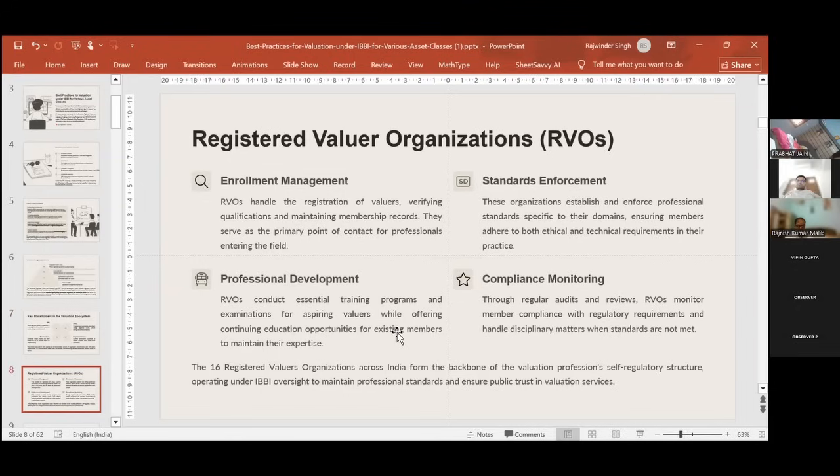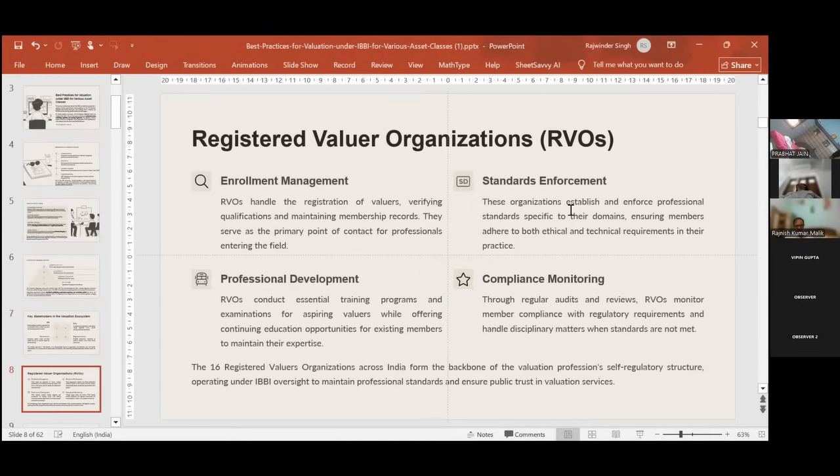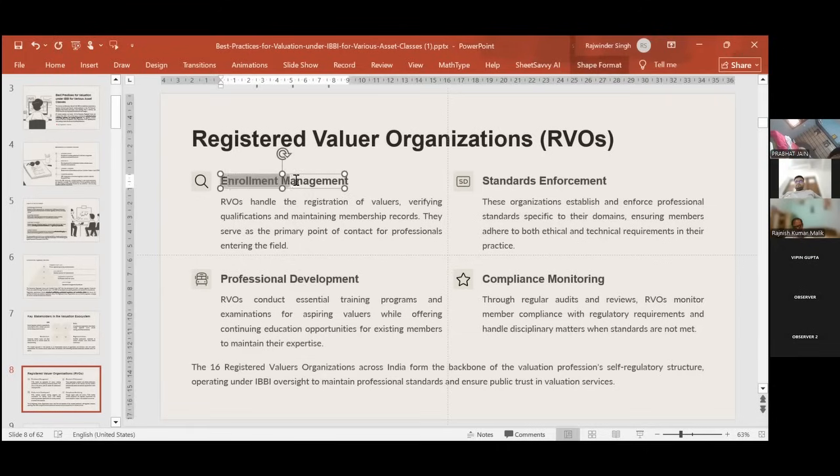Now we will discuss the second part of this ecosystem of stakeholders, that is the RVO, the registered valuer organization. What is its purpose and what is the work done by RVOs? The first thing it does is enrollment management.